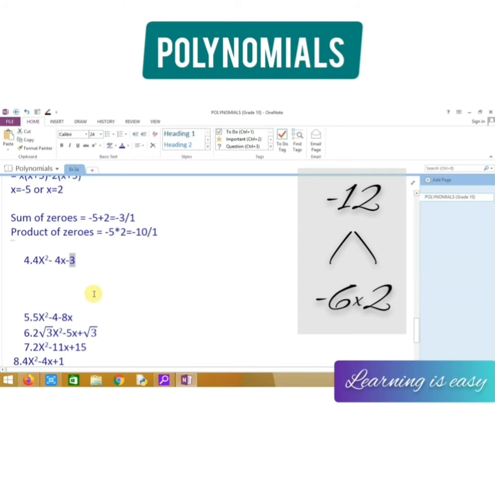Why? Because the value of x is minus 4. So 6 takes the negative integer. Minus 6 plus 2 only makes minus 4x. So 4x squared minus 6x plus 2x minus 3. The given polynomial can be rewritten this way.